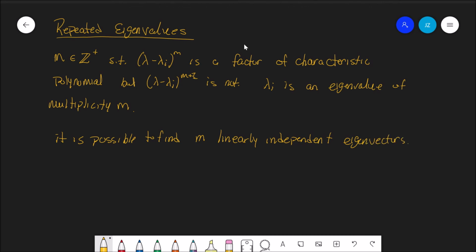That is, the single eigenvalue will give us m linearly independent eigenvectors. In this case, there's no difference from the previous case, so the general solution will look much the same as before.